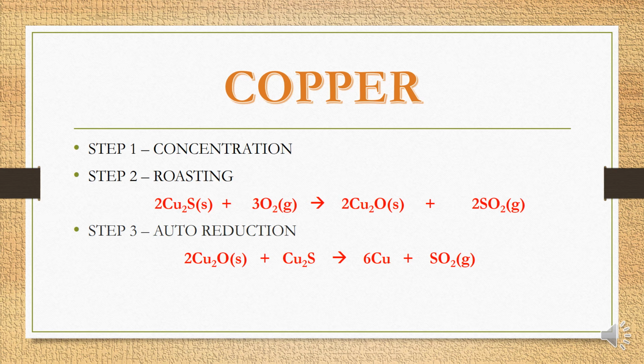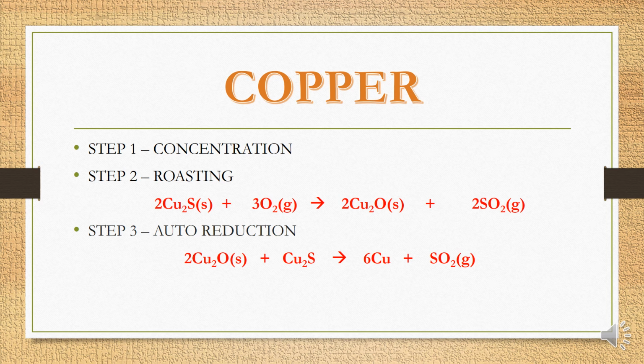Now children, please hear it again. This process is going on in a furnace, and when approximately 50% of the copper sulfide has turned into copper oxide, the supply of oxygen will be stopped.